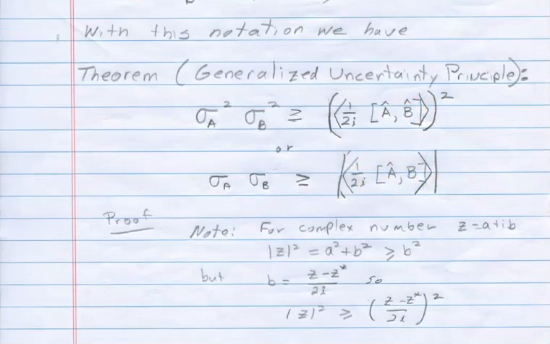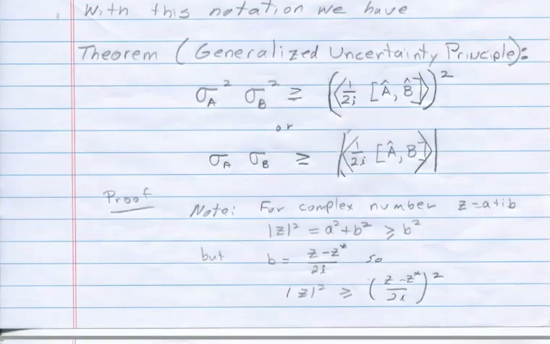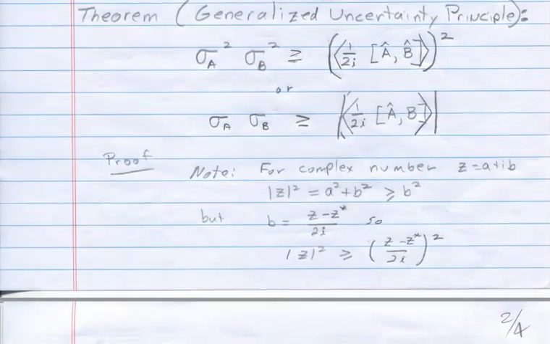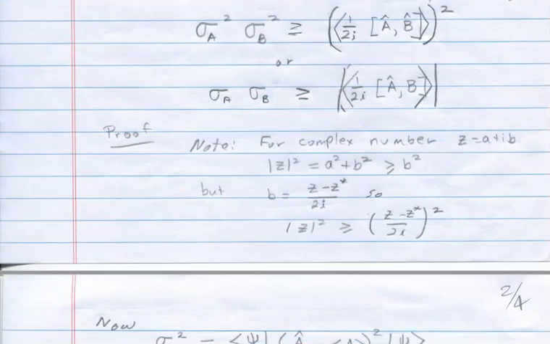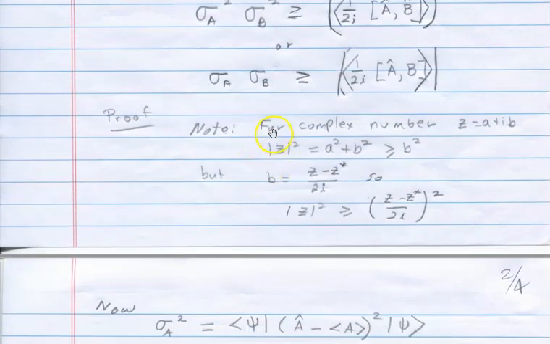In some sense, the demonstration of the generalized uncertainty principle hinges on a kind of trivial observation, really. And that's here for a complex number z. z is equal to a plus ib, where a and b are the real and imaginary parts, respectively.